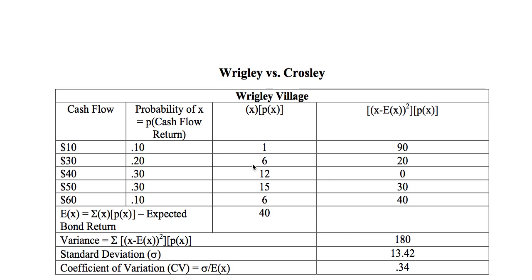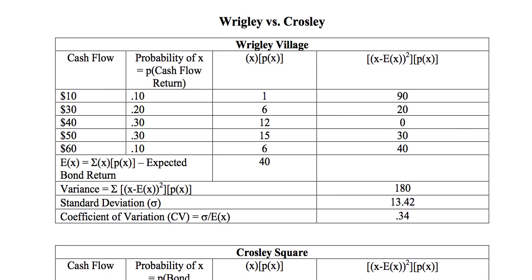We would take that all the way through for each one, then sum them up as I've indicated here, and the sum is 180. That is not the standard deviation. That is the variance.